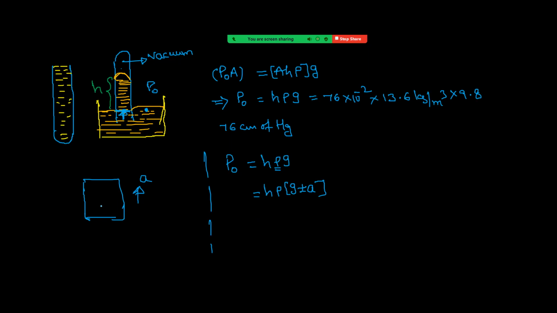That means along with mg, we have to take ma, which is downwards. So it becomes mg plus ma. So here we take plus a if acceleration is upwards, minus a if acceleration is downwards.